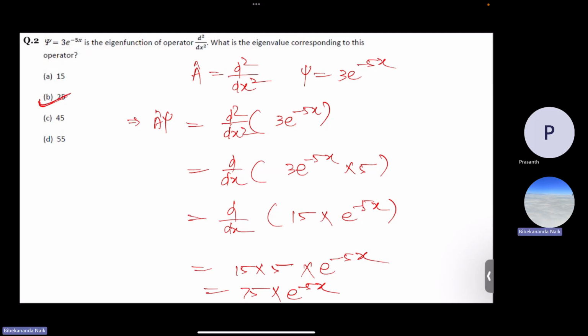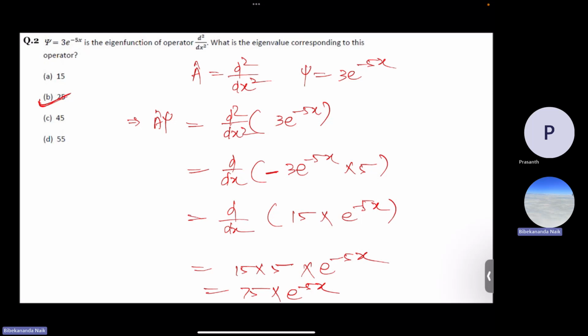Like the previous question, we again operated the operator d square by dx square on the wave function. If you take the derivative twice, since it is an exponential, the derivative of e to the power minus 5x will be minus 5 into e to the power minus 5x. So here it will be minus 5.